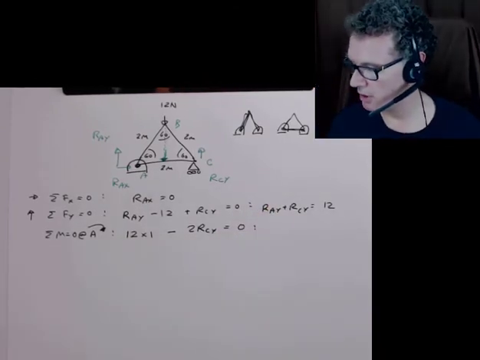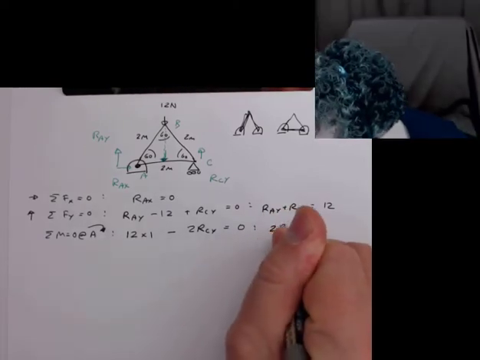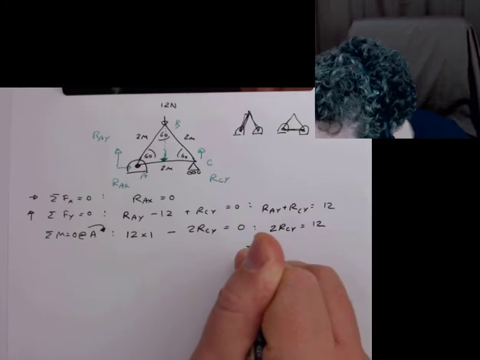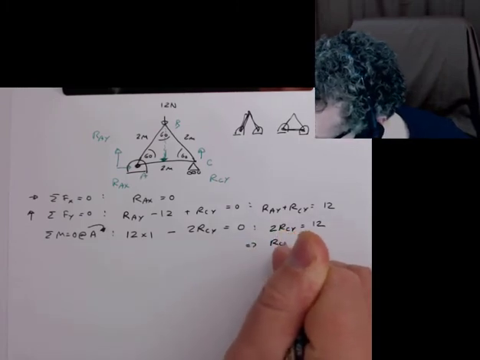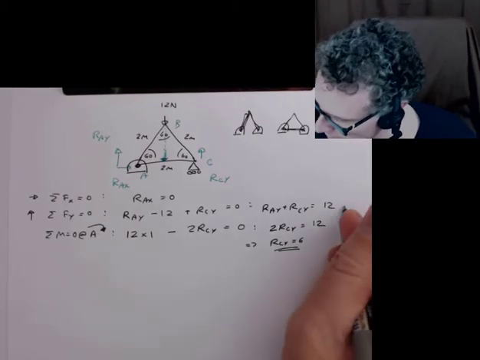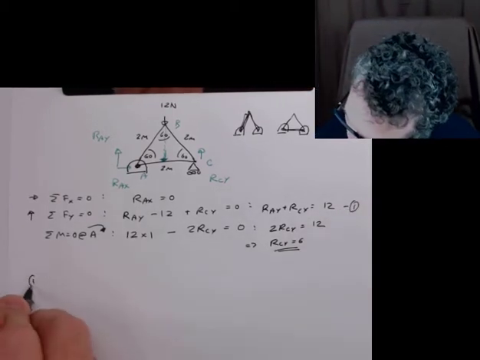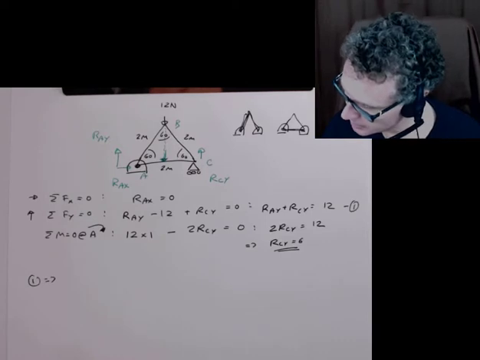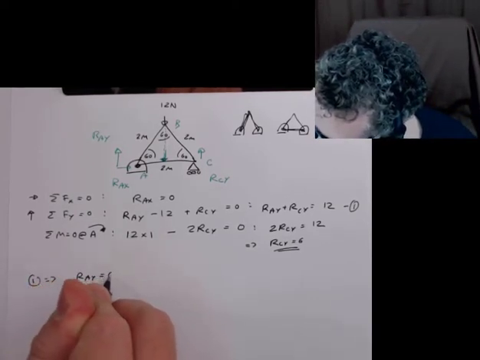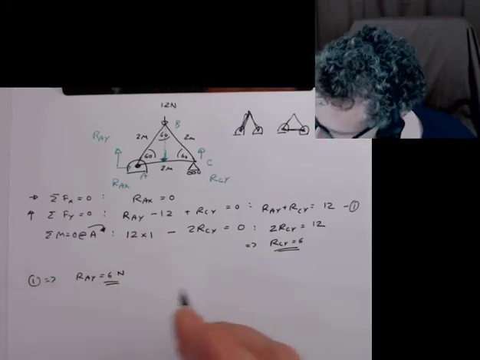That gives me 2RCY equals 12. Therefore, RCY equals 6. Going back to my equation 1, I get that RAY equals 6 newtons.